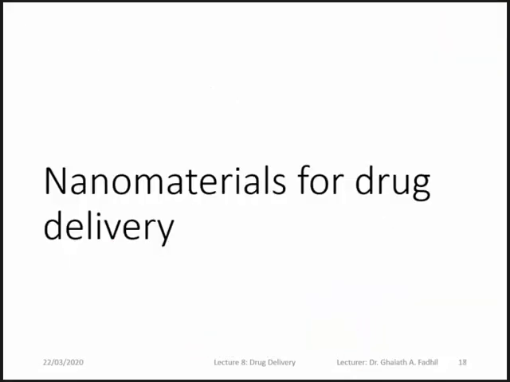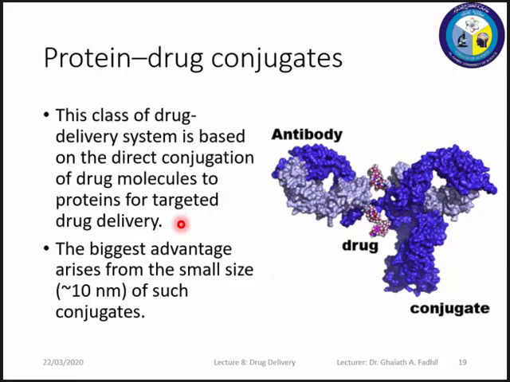So I did some survey about the most common or most studied materials for drug delivery, and I brought some examples. There are a lot of options and a lot of materials, but the most studied ones, for example, are the protein drug conjugates, which are a class of drug deliverers.